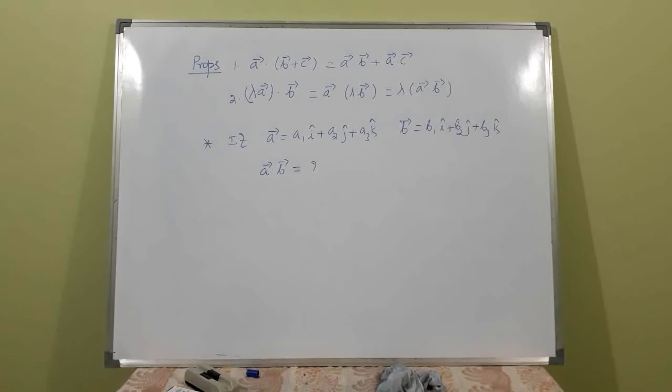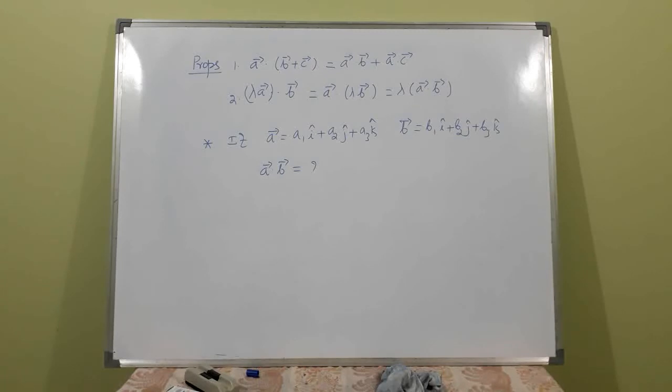Properties: A dot (B plus C) is equal to A dot B plus A dot C. Scalar multiple of vector A dot B is same as A dot scalar multiple of B, or it is also same as scalar multiple of A dot B.